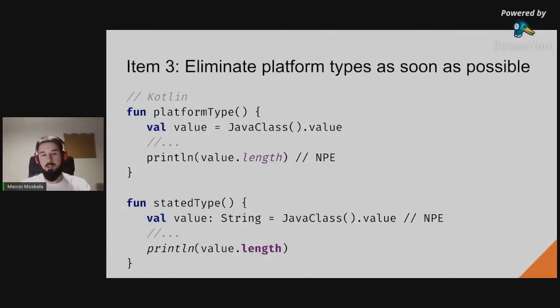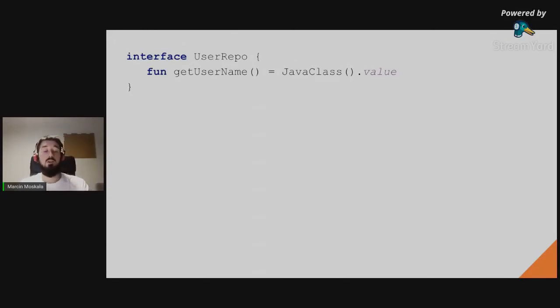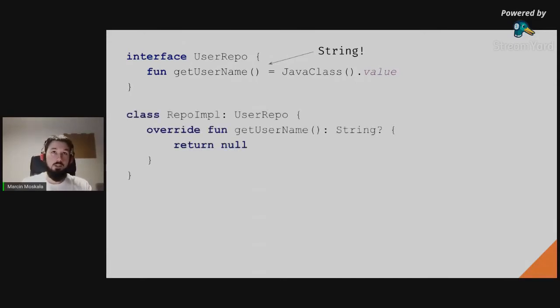So the lesson here is to eliminate platform types as soon as possible. And then maybe a funnier lesson, not for a person who did that for the first time, but maybe for you, is when you infer a platform type into something that is open, for instance, an interface method. Notice that the type of this get username is a platform type, so it hasn't yet decided if it is nullable or not. So someone on the declaration side might decide it is nullable and return null in a fully correct way.